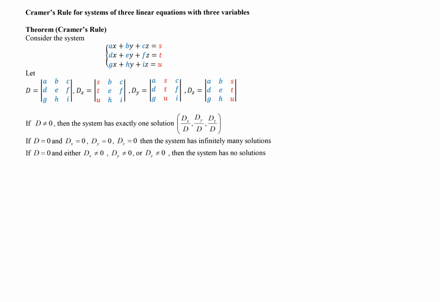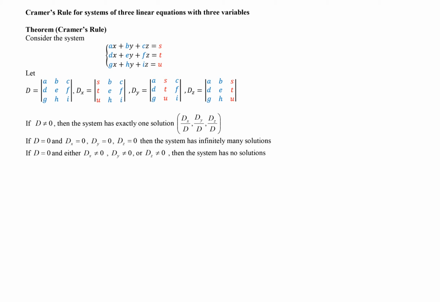To form determinant Dy, we'll replace the column of the coefficients of y with the numbers on the right-hand side, s, t, and u. And to form determinant Dz, we'll replace the coefficients of the variable z in the main determinant by the column of numbers from the right-hand side of the system.